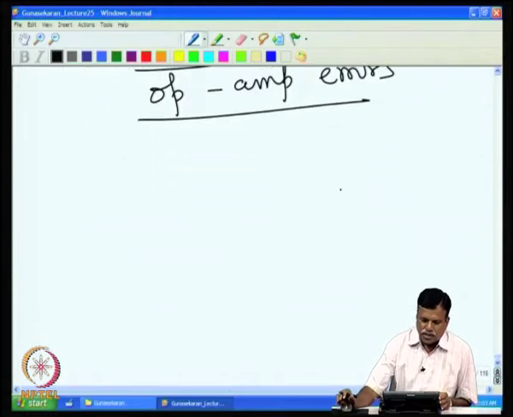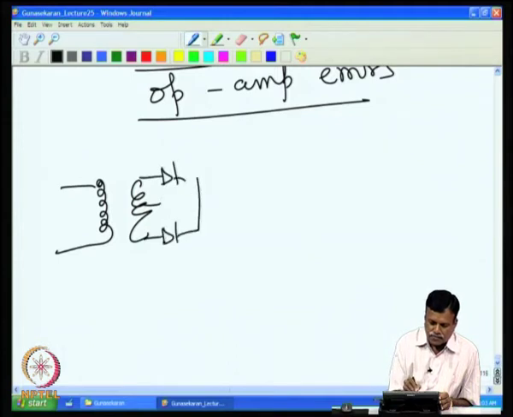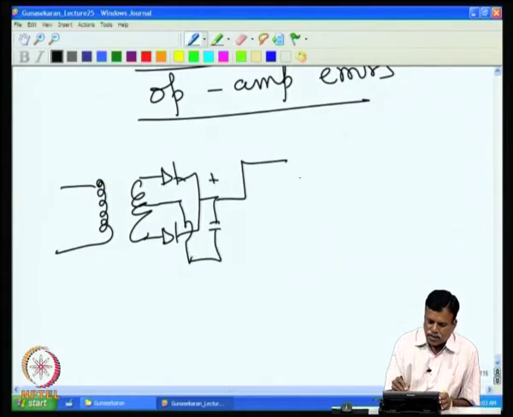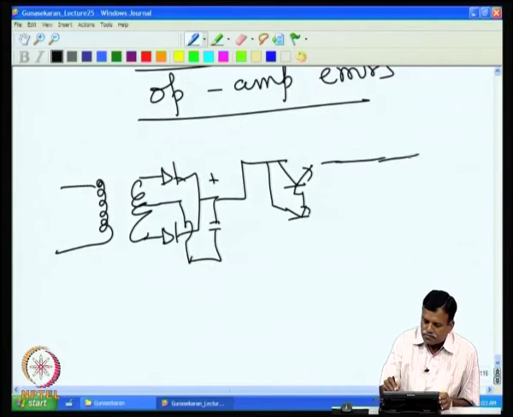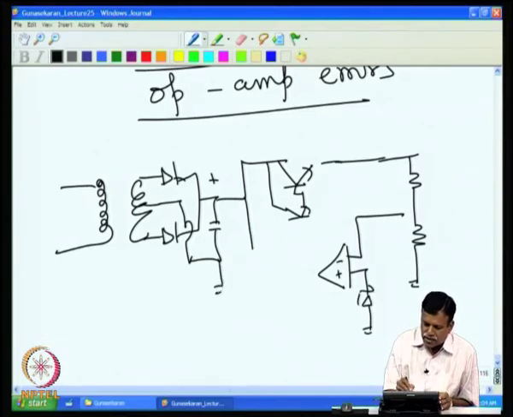So, let us take for example our voltage regulator to start with. We had this transformer and then a rectifier, then we get a DC voltage. And if we see our regulator circuit, we had this operational amplifier, the error amplifier, which gets a reference voltage through the reference Zener.